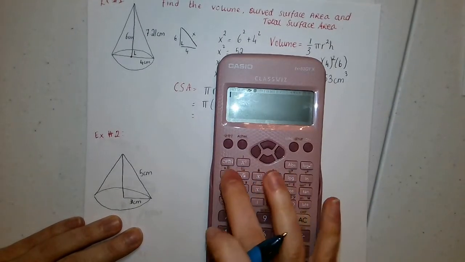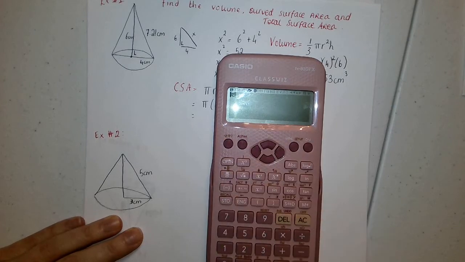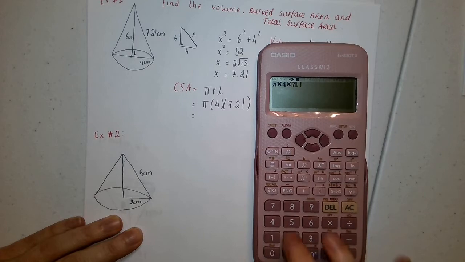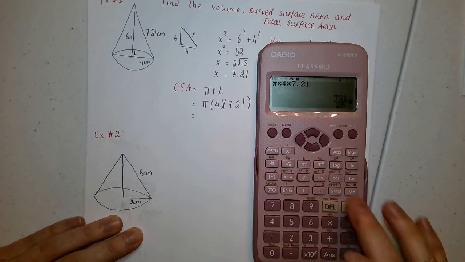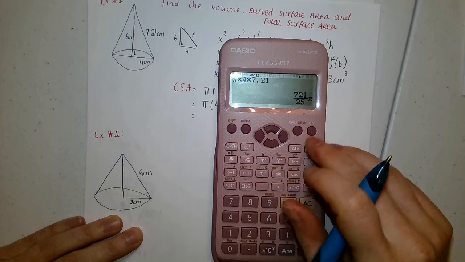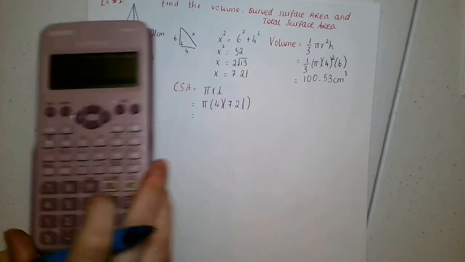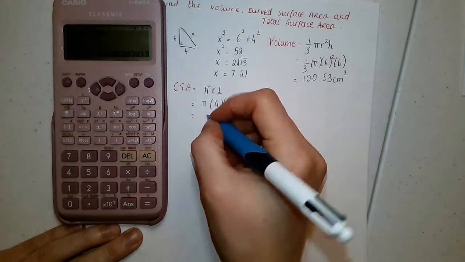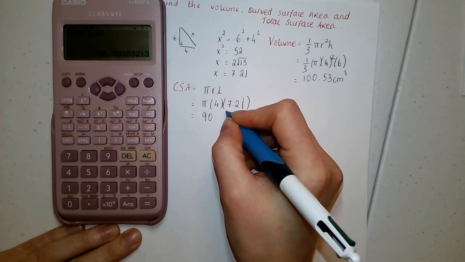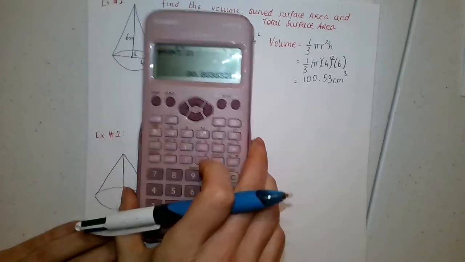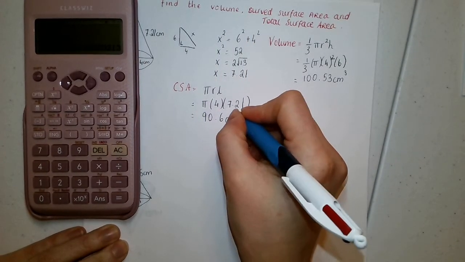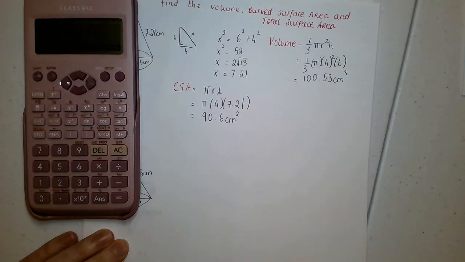So we're going to put it into the calculator. Pi multiplied by 4 multiplied by 7.21. In terms of pi, we get 721 over 25 pi. Change that to a decimal, to 2 decimal places, so that will give us 90.60, or just 90.6 is fine, centimetres, and because it's area, it's centimetres squared.